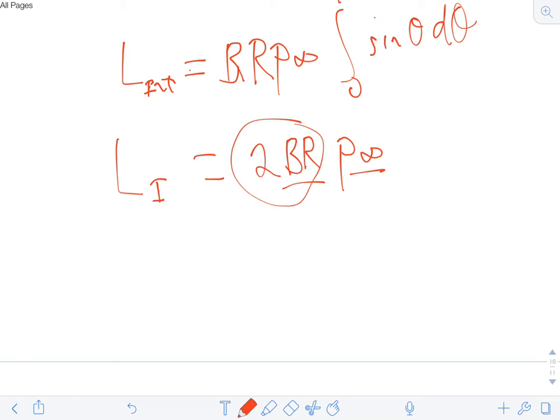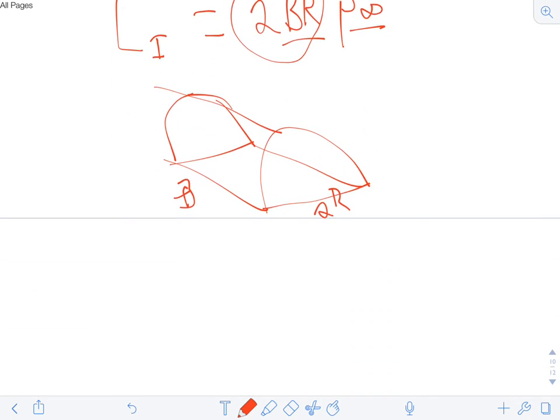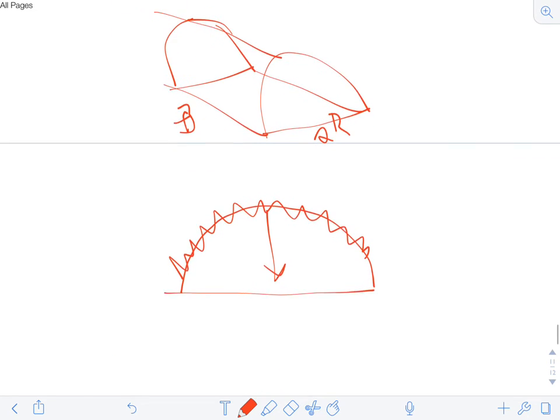So this is L on the inside. What is 2BR? If we look back at our hut, 2BR is simply the footprint of the hut, B by 2R. So it's the footprint of the hut times P infinity, and this shouldn't surprise us because we're dealing with the projected area of this surface in the L direction.